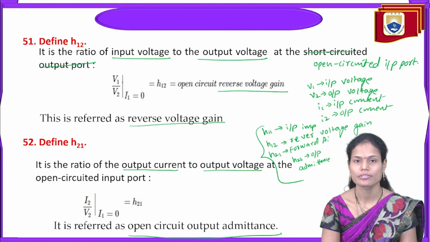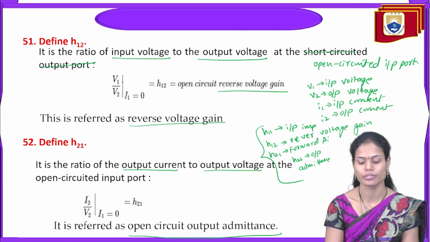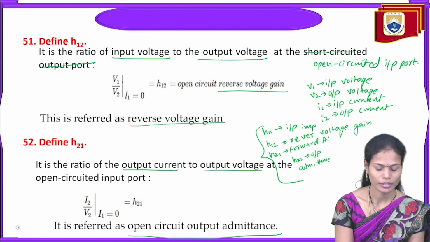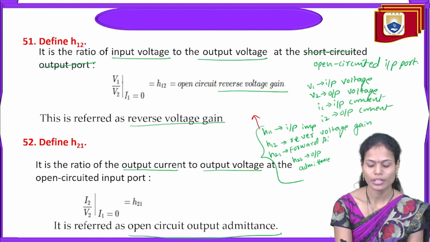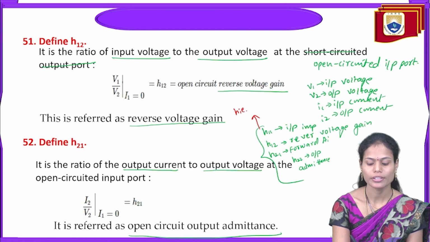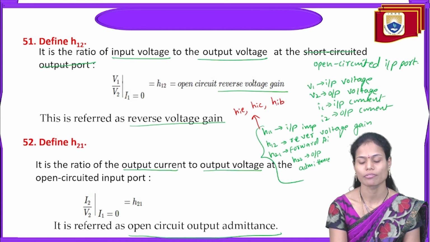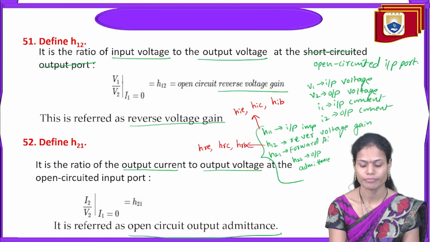In the case of a transistor, we are going to derive these. This H11 is HIE in the common emitter, HIC in the common collector, HIB in the common base configuration. Similarly, H12 is HRE in the common emitter, HRC in the common collector, HRB in the common base configuration.